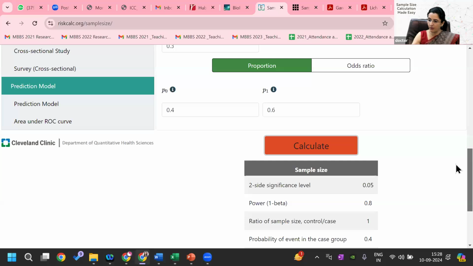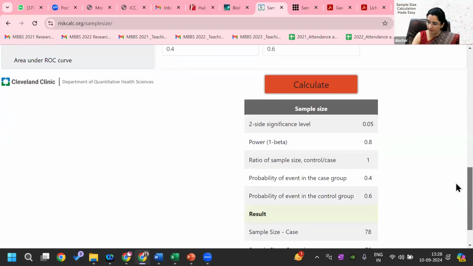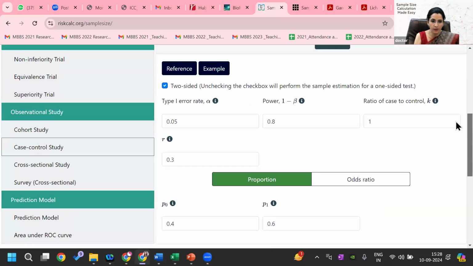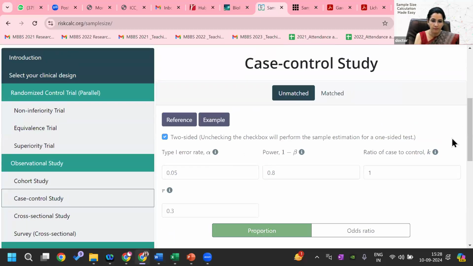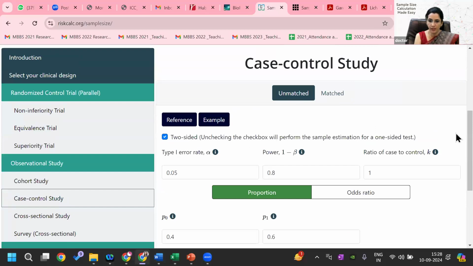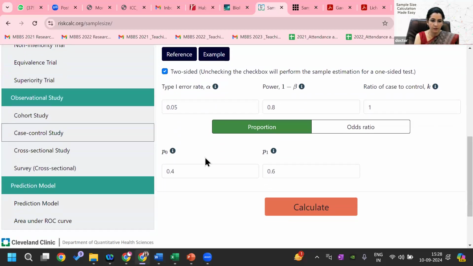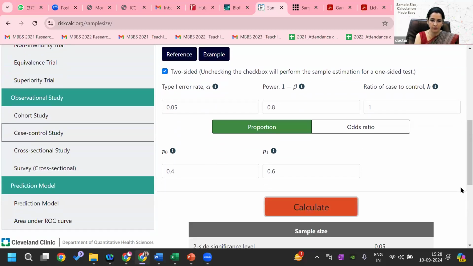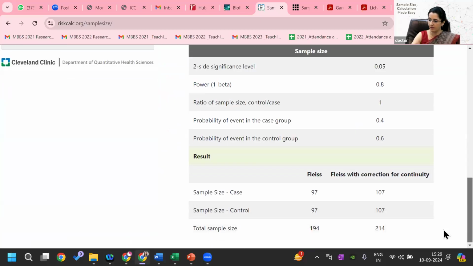Right now, the sample size using this is 78 in each group for 40 and 60%. But if I do it with the unmatched one, with 40 and 60, and press calculate, it will be 107.